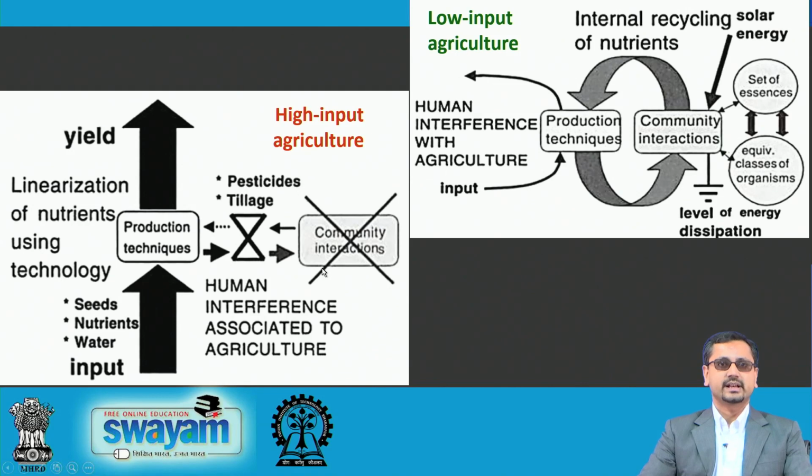This high input agriculture, obviously where there is no earthing, there is no cyclic nature of the input output relationship, and that is why we are today discussing sustainability issues in agricultural production systems.